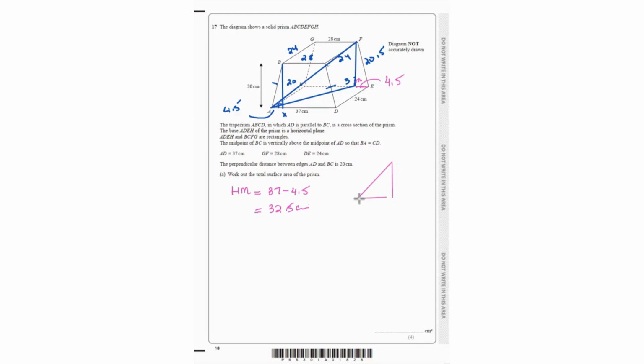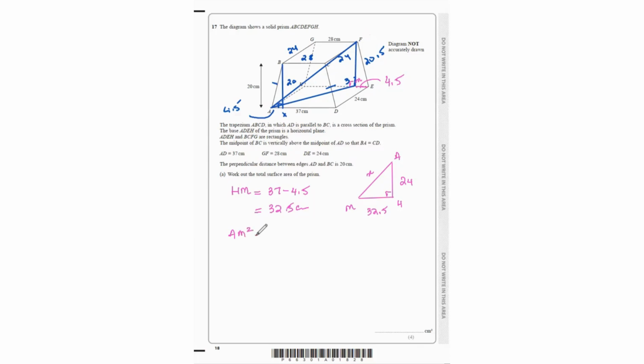So if we use this triangle AHM, let me just draw it out over here. This is in the base of the shape. H, A, M. So HM is 32.5. AH is 24. We need to find AM because that is the base of this right angle triangle over here, AFM. So we use Pythagoras.